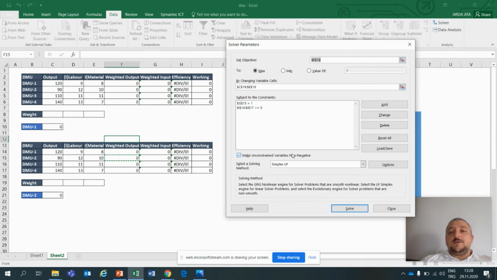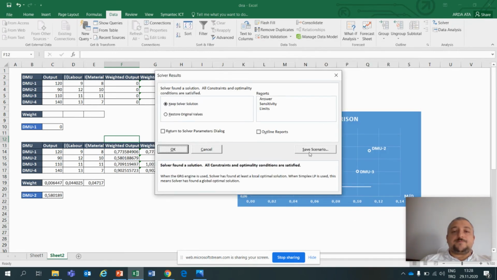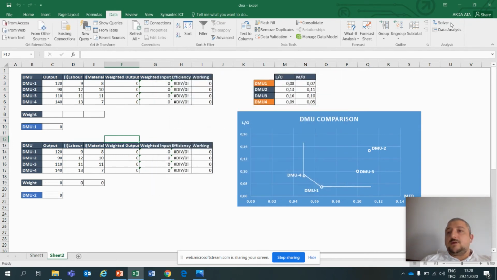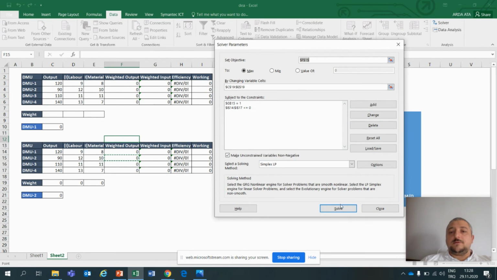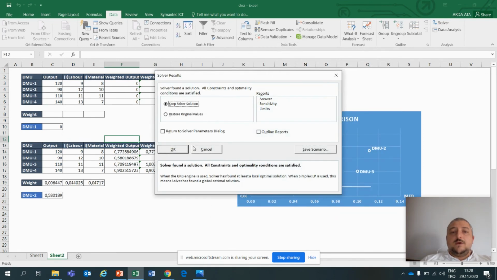The efficiency is simply the division of output over input, and so you maximize your efficiency in accordance with these constraints. So you just plug it in. You are doing a simplex LP and solving it. So the solver gives you a result.